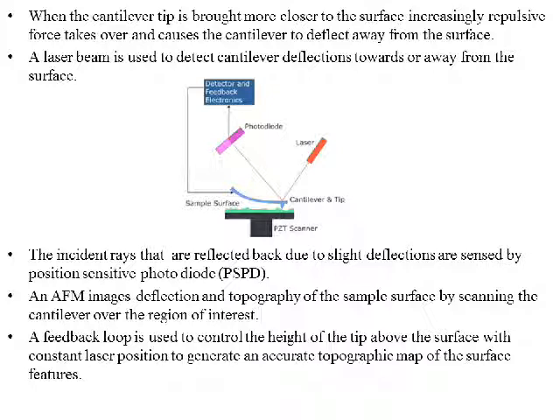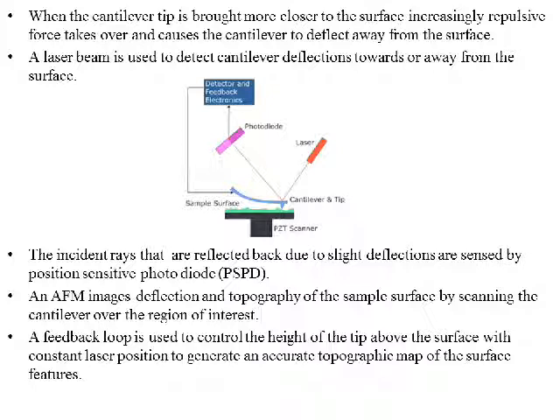The photosensitive photodiode senses the reflected rays that are falling on it, and the deflections are recorded by this detector and a feedback electronic. So this is the setup of an AFM. Let us now discuss how it works.